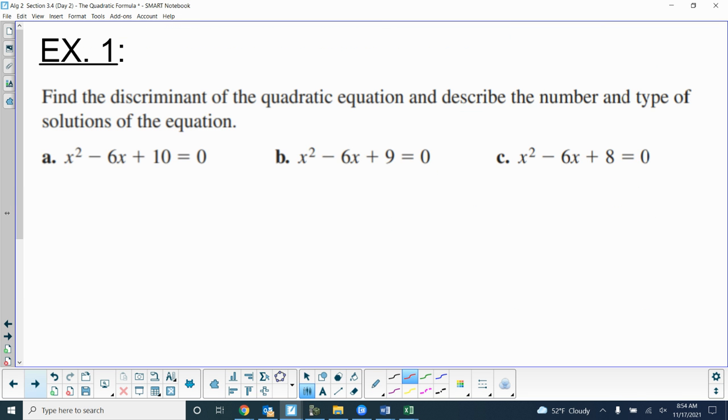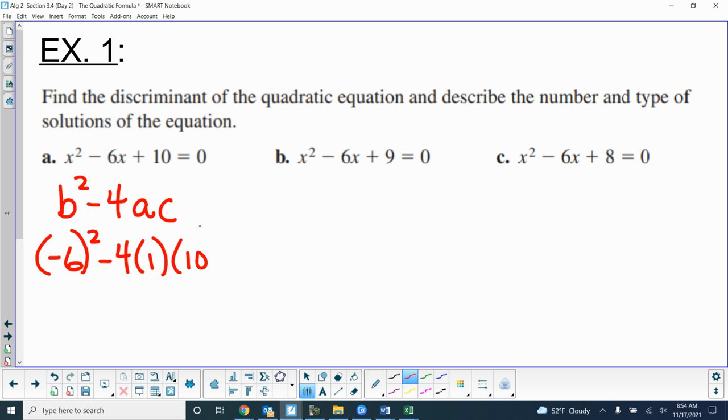Okay. So let's find the discriminant. And all I have to worry about, remember, is this part. So what's b squared minus 4ac? What's negative 6 squared? 36. Negative 4 times 1 is negative 4, times 10 is negative 40.